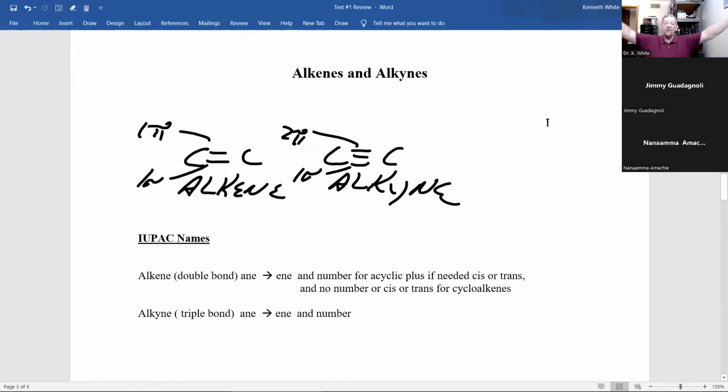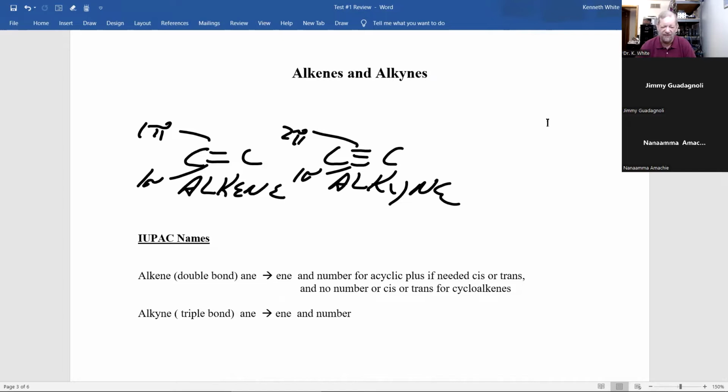Now, next, we started talking about alkenes, double bonds, which you see by 2 lines, and alkynes, 3 lines between 2 carbons. Now, in an alkene, one of those is a pi bond, one is a sigma.